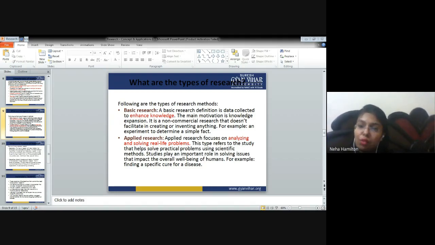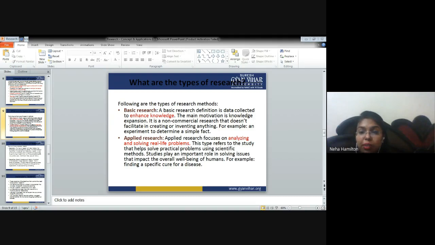We should have knowledge of all those things. What is the nutritional composition of a fruit, or a new tropical fruit which we have just found out. This is basic research. Okay, a simple fact, right? Whatever simple fact you want to find out, you can do it through basic research.